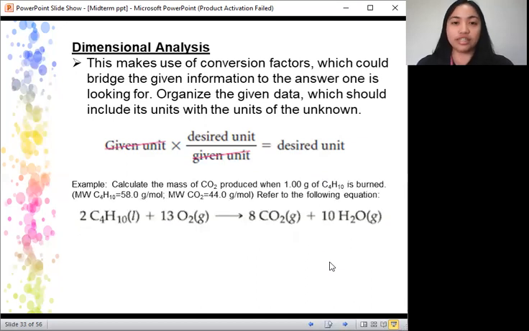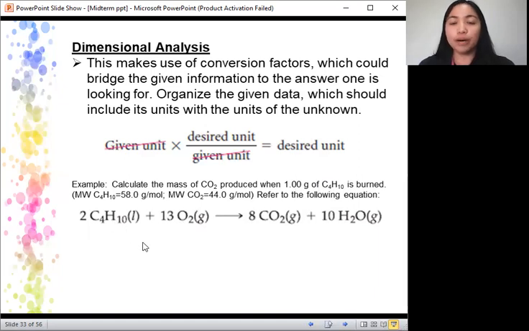So another example, calculate the mass of CO2 produced when 1 gram of C4H10 is burned. So given sa ani nga formula or equation, given ani nga equation, you can get the mass. So meaning mass, grams na, grams sa imuhang CO2 given ani nga equation. So ang given ra nga unit is 1 grams pero sa C4H10.